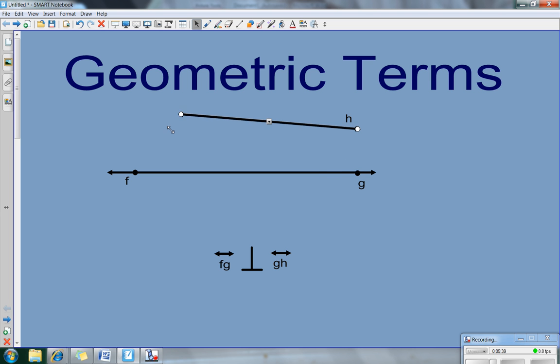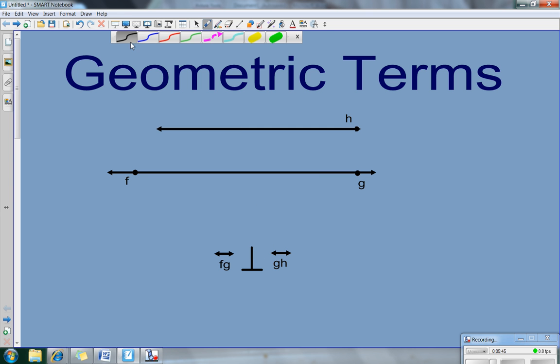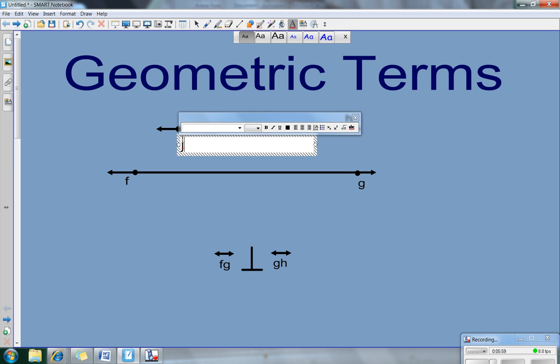Next set of lines we're going to look at are parallel lines. Parallel lines are lines that never meet. They stay the same distance apart the whole time. We talk about lines go on forever and ever. Well, parallel lines go on forever and ever in both directions, and they will never meet.